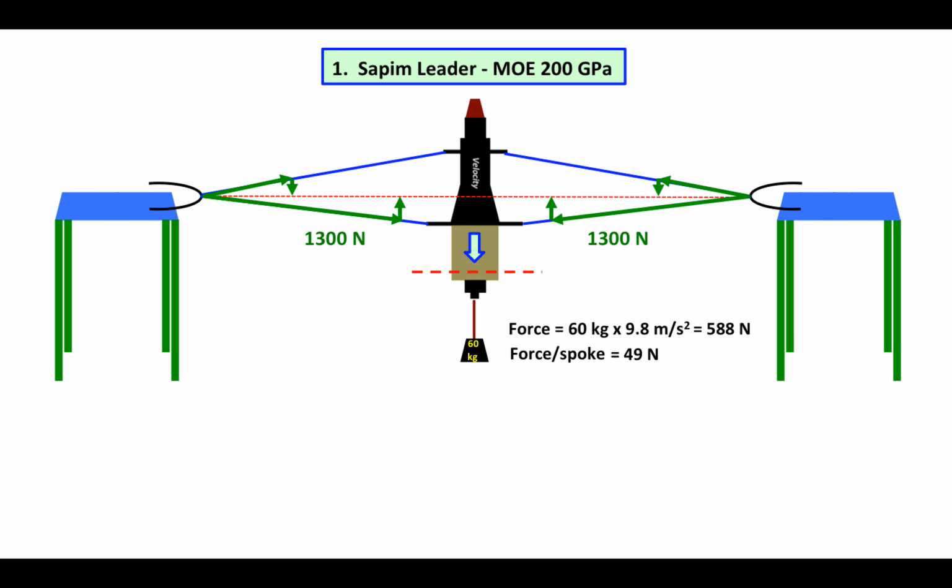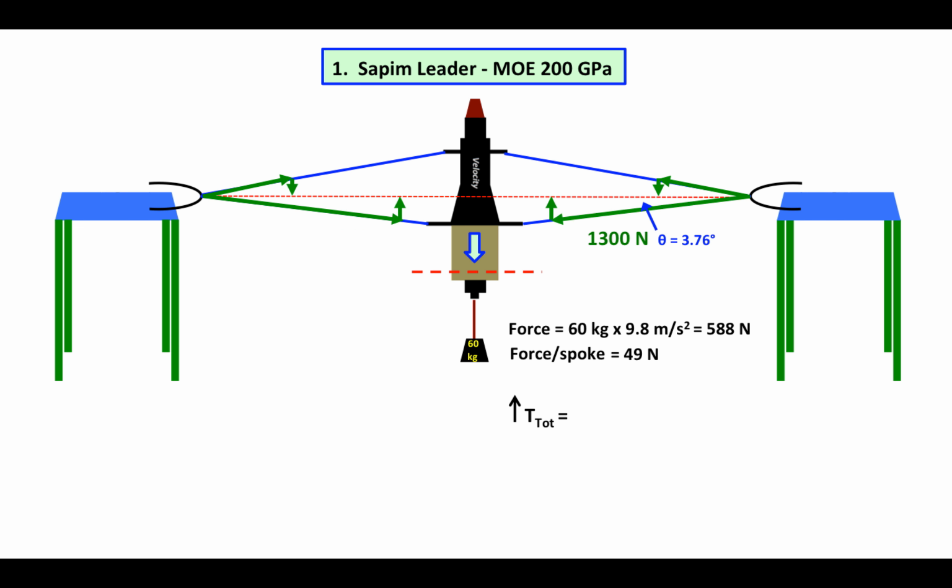The question becomes this: if the tension on this vertical component increases by 49 newtons, how much will the tension on the spoke itself increase, given that it operates over that very small angle of 3.76 degrees?